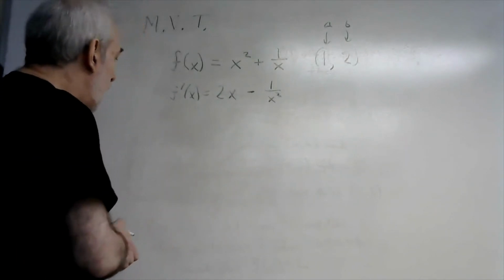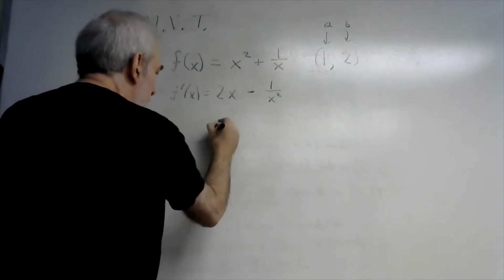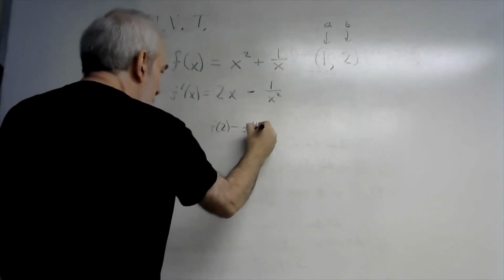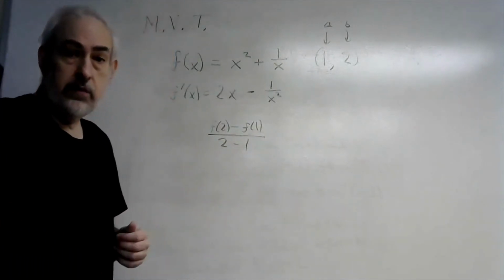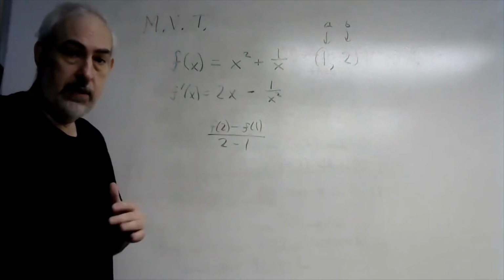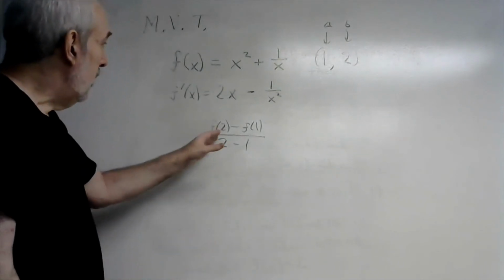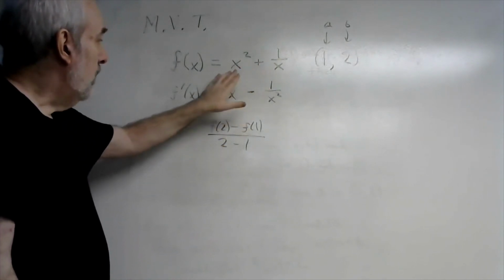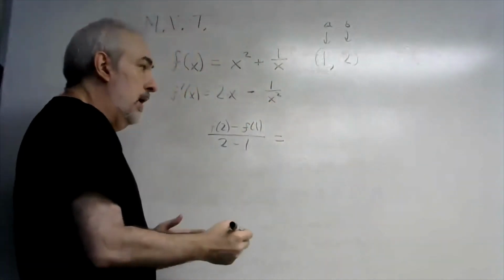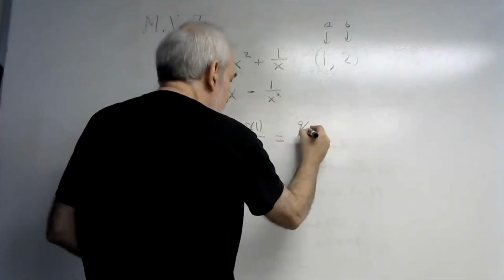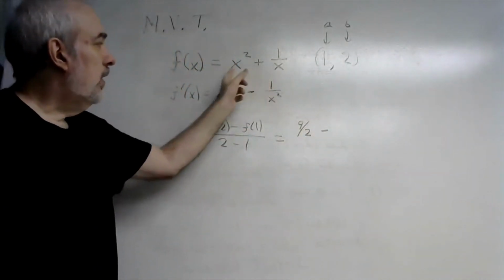Now we're trying to find when this derivative is equal to f of 2 minus f of 1 over 2 minus 1. That's the equation for the slope of the secant line, f of b minus f of a over b minus a. So let's calculate that. If we plug in the number 2, we get 4 plus a half, 4 and a half, or 9 halves, minus f of 1. 1 plus 1 is 2.